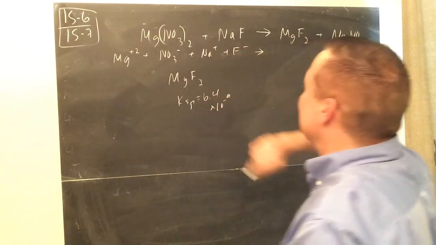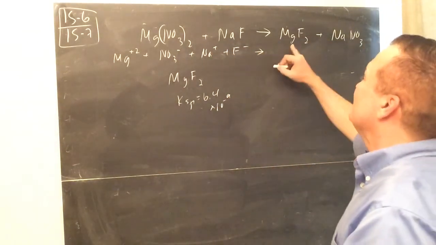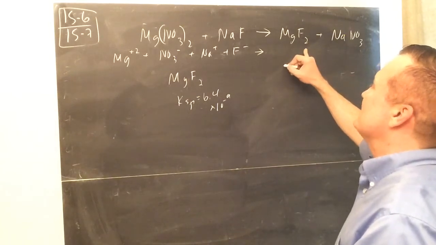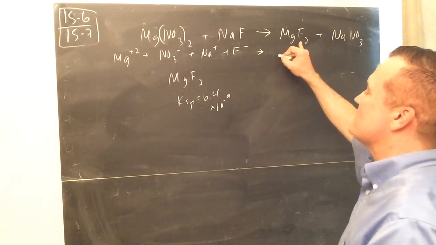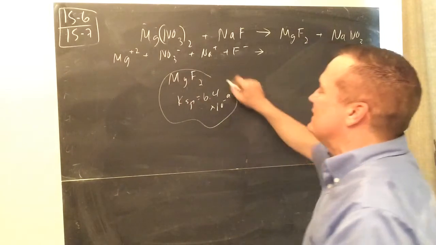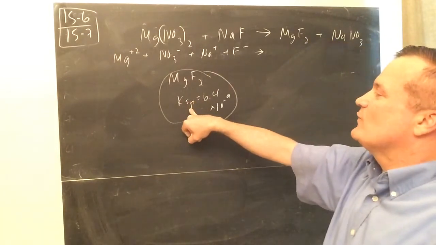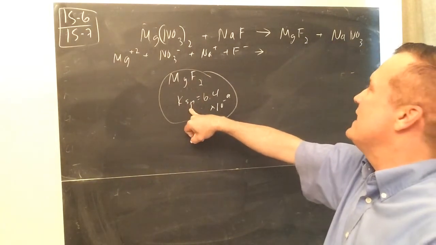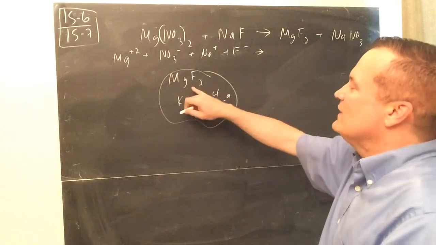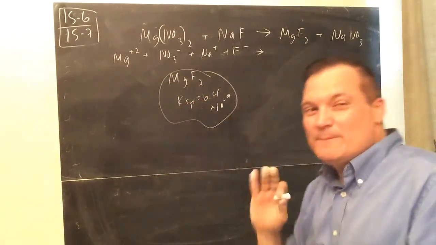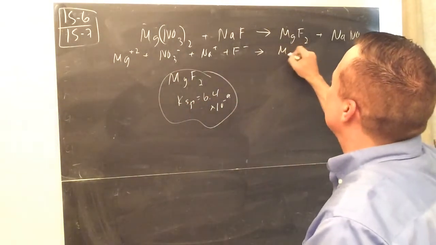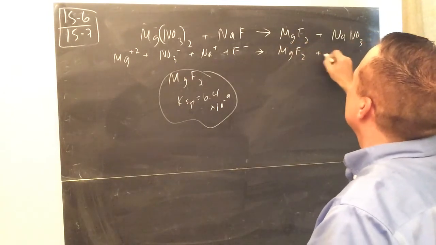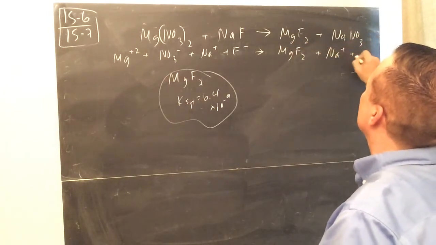Normally, I would always tell you that would just break up, because all the fluorides are soluble. But now they're telling you something about this, that magnesium fluoride has a low solubility. So they're telling you that this is going to be a solid, maybe. So I'm going to put MgF2, I'll talk about that in a minute, and I'll put Na+ and NO3-.